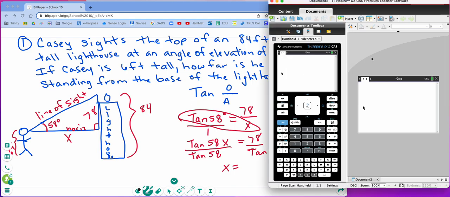So we're going to go to our calculator and do Control Divide, and put in our 78, arrow down, hit our trig button, hit our tan and then put in the angle that we have, 58, and press enter. That's going to tell us that the distance that Casey is standing from the lighthouse is 48.7 feet.